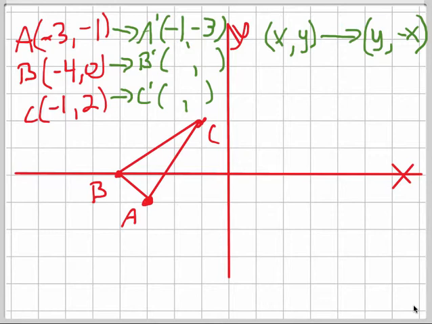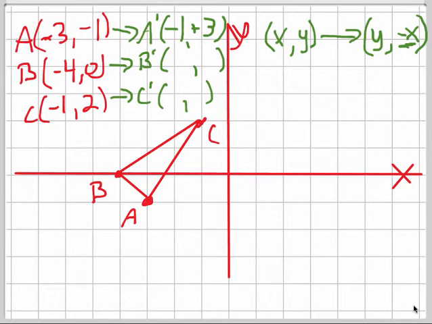Okay, but we got to change the sign of that second number. Okay, these are hard rules to remember. So the opposite of -3 is going to be +3. Okay, now we're talking about point A here, A prime, -1, +3.